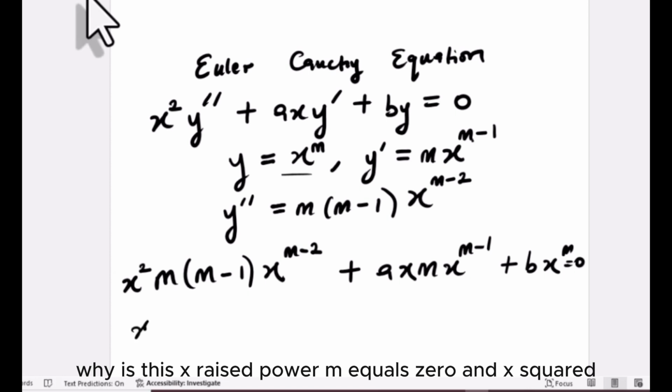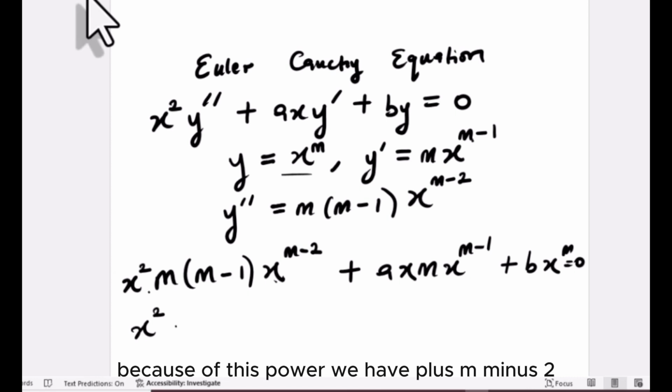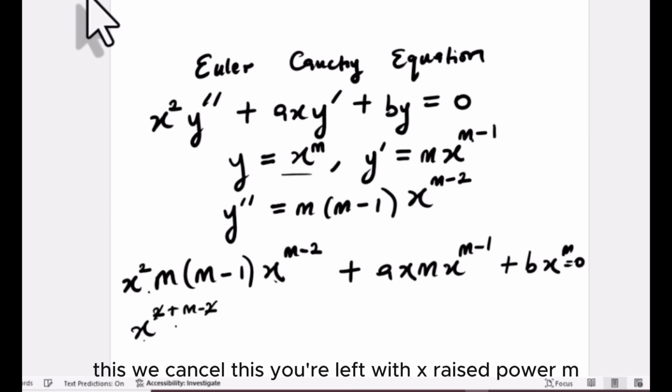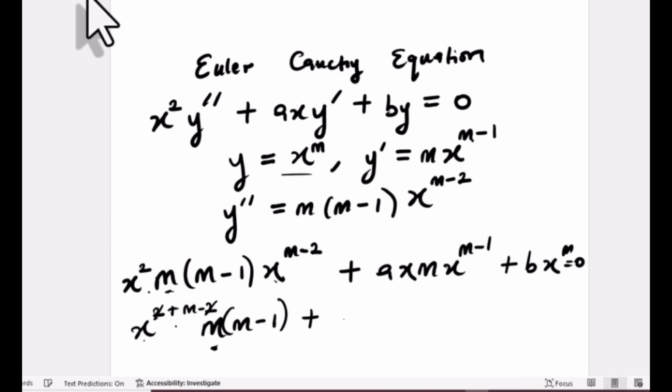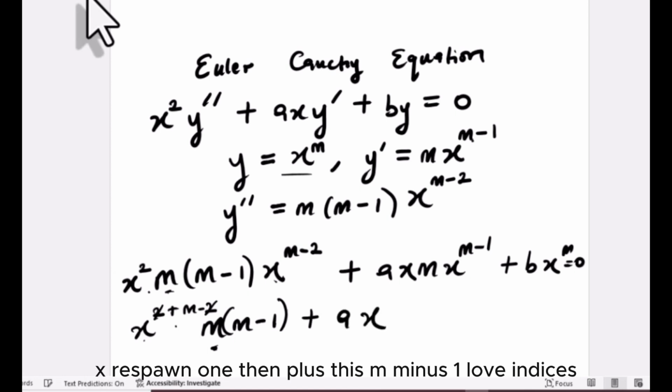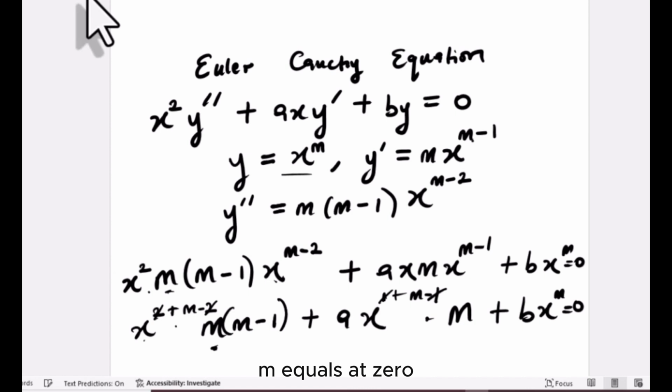Then you can bring this x squared to this side. Because of this power, we have plus m minus 2. This we cancel. You're left with x raised to power m, then m times m minus 1, plus a x raised to power 1, then plus this m minus 1, law of indices, this will cancel this. Then you're left with m plus b x raised to power m equals 0.